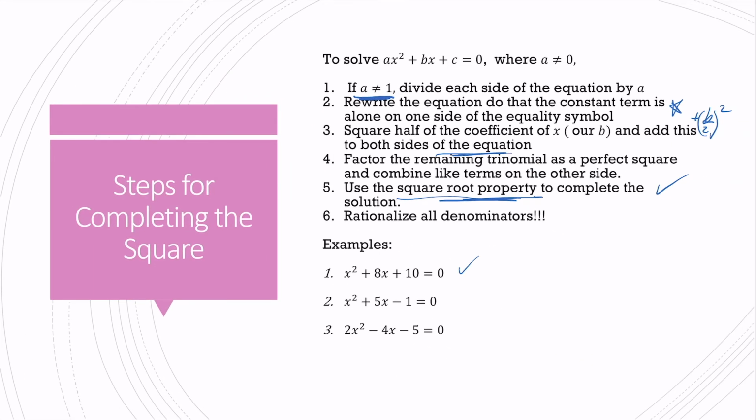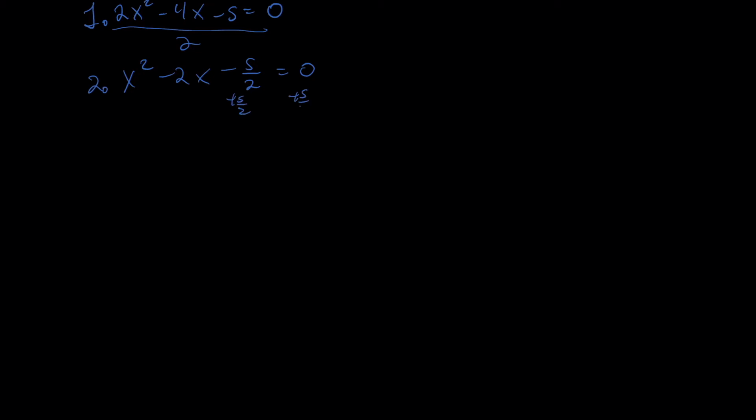So our last example is going to be 2x squared minus 4x minus 5. My leading coefficient is not 1, so I have to divide everything by 2. That gives me x squared minus 2x minus 5 halves equals 0. I then go ahead and add my constant to the other side. So I have x squared minus 2x equals 5 halves.